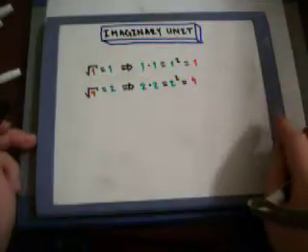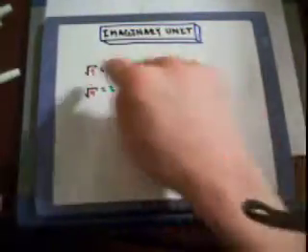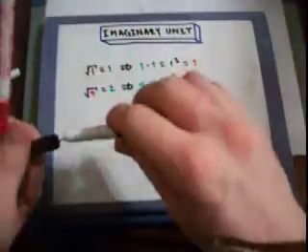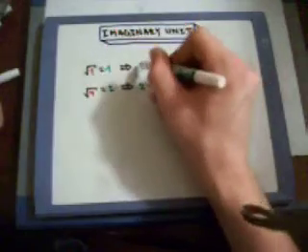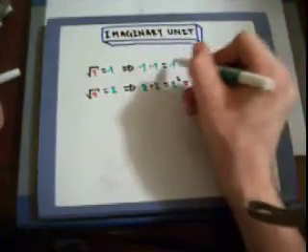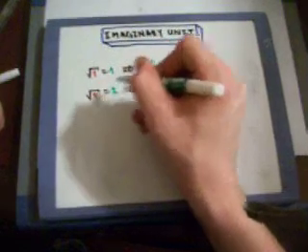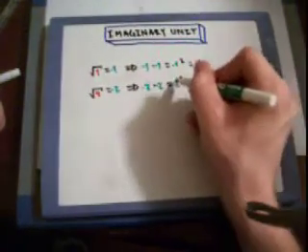Now, we already showed that the square root of 1 could also be negative 1, because negative 1 times itself is equal to 1. The square root of 4 could also be 2, or it could be negative 2.